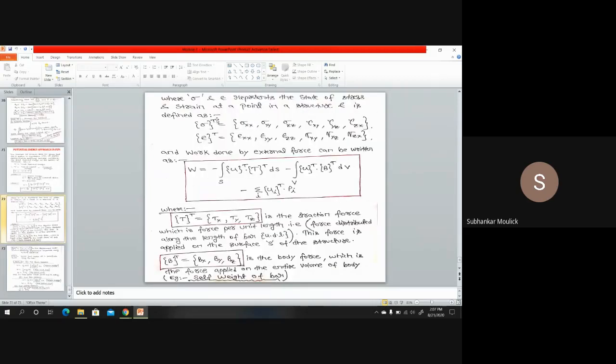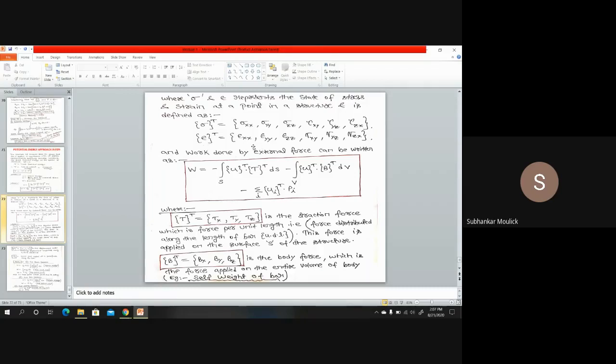Now this sigma can be, if you are taking only the x-axis, sigma xx. If you are taking the y-axis, it will be sigma yy, or sigma zz, or tau xy, shear along the xy plane, or tau yz or tau zx. It can be anything, so it is a sample space of these 6 elements. Similarly, epsilon is your strain vector.